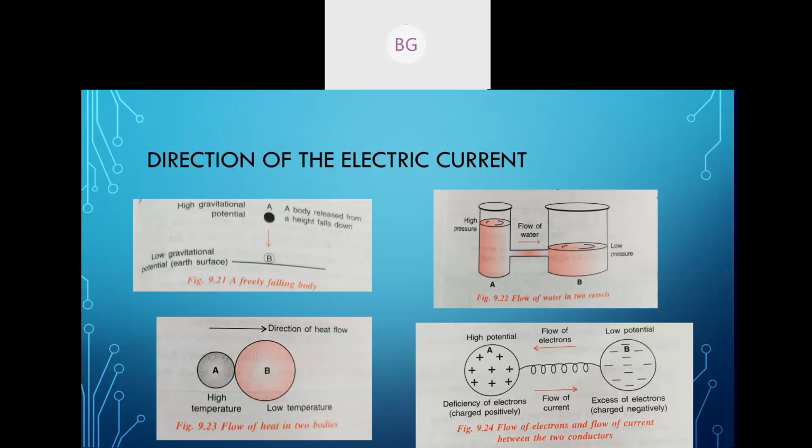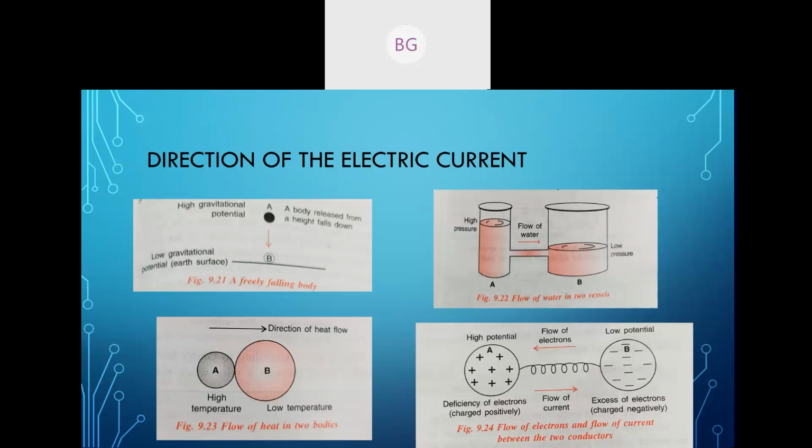Now, what if the concentration on both the bodies is the same? Then there will be no flow of charges, right? Because both are at the same concentration. That is why there should always be some difference in the concentration at the two terminals.